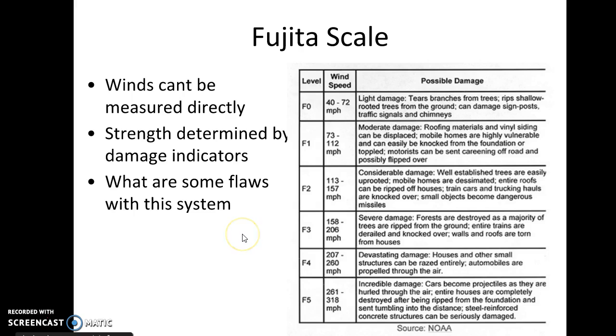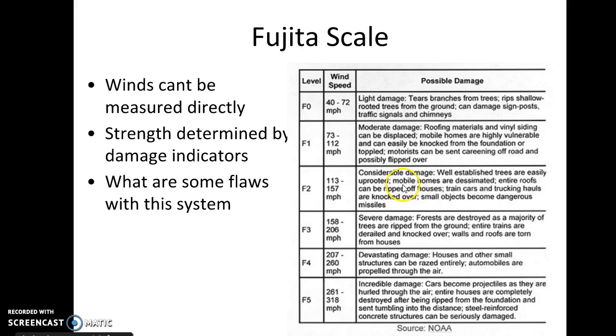There are flaws with the Fujita scale, and if you think about it, there are actually numerous flaws. Building techniques are going to be a flaw, where we have structures designed to handle severe weather. There's going to be less damage than places that are more susceptible to building damage.